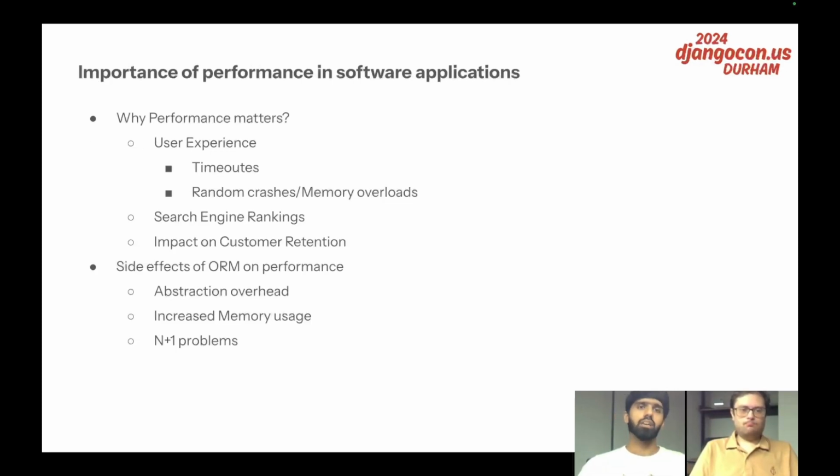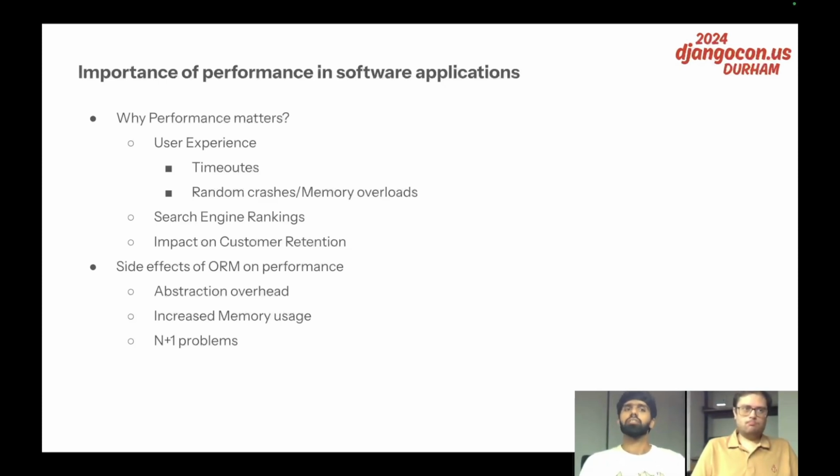So next, we'll look into why performance is important for us before diving into what the N+1 problem is and how it affects us. So why does performance matter? First and foremost, it impacts our user experience, because slow applications tend to frustrate the user, and as a result it leads to poor user retention.